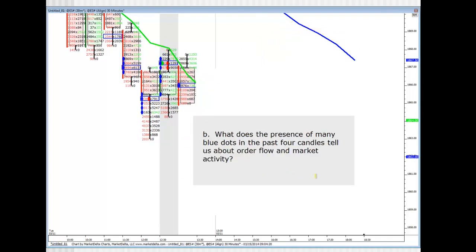What does the presence of many blue dots in the past 4 candles tell us about order flow and market activity? Well, we know from our prior session that these blue dots are the result of a volume filter. Basically, at each of those levels, there are 8,000 contracts plus traded, so 8,000 or more.